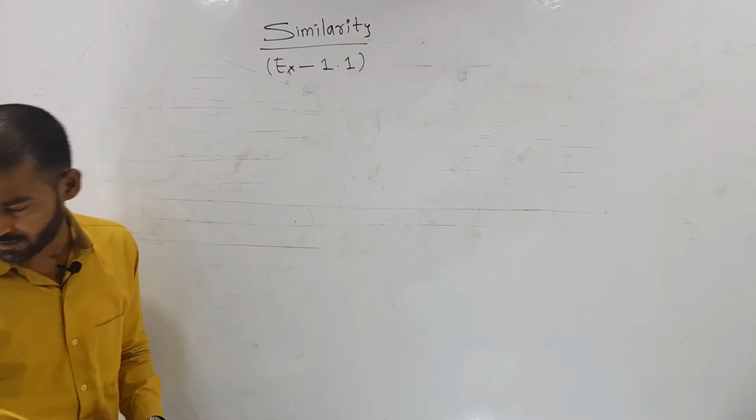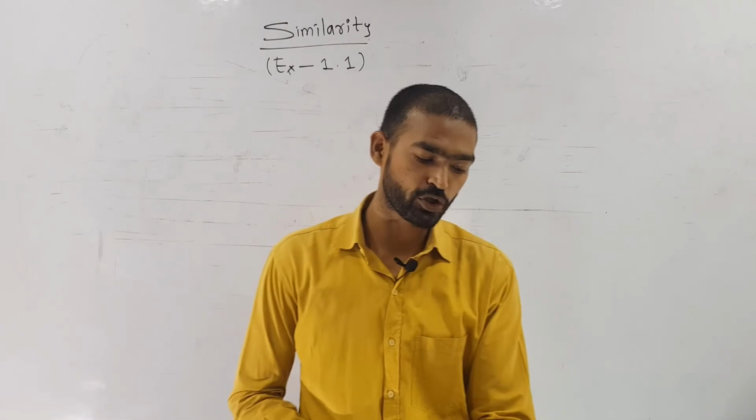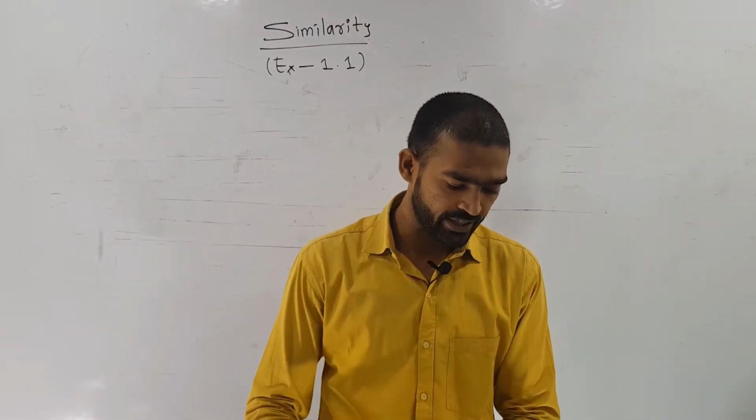Today we'll see the second question of your first exercise of the similarity chapter. The question of your textbook, question number 2, is: a figure is given.